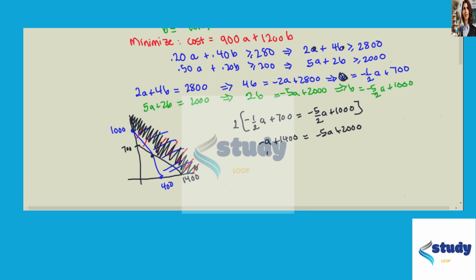I'm going to add 5A to both sides and subtract 1,400. So 4A is 600, so A is 600 over 4, which is 150. And then I'm going to plug that into this. B equals minus 1/2 times 150 plus 700. So minus 75 plus 700, that's 625.